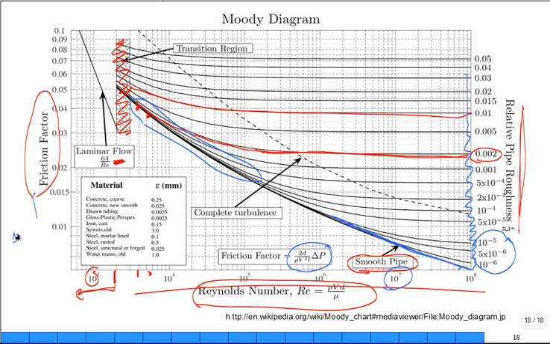It's the pressure loss times D over L over 1/2 rho V squared. Okay. And here are some roughnesses in millimeters for different materials. Coarse concrete pipe.